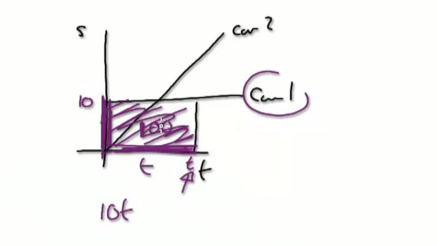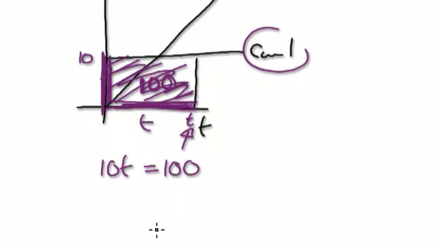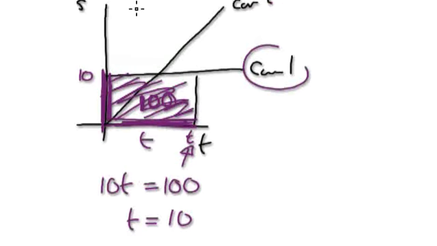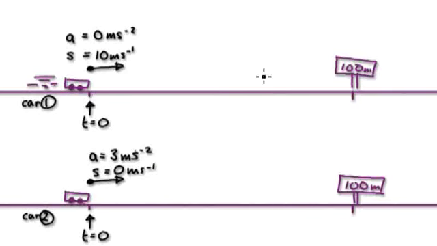But we want to know when t will give us an area of 100. So we put it into an equation like this: 10t equals 100. Now find out t. Divide both sides by 10. So t equals 10. Okay, so this car will finish the race when t equals 10.